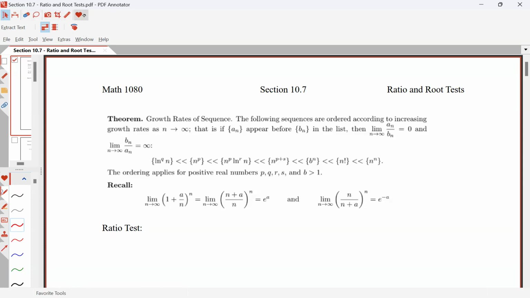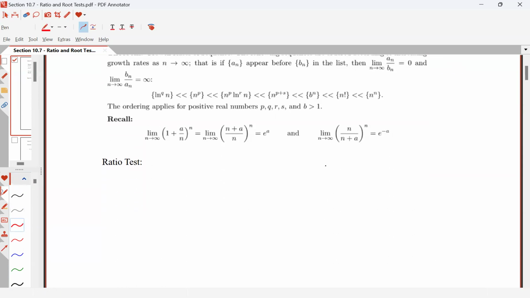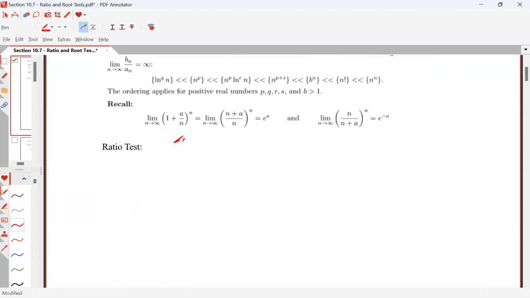So first, we're going to look at the ratio test. And the ratio test says that if we have some series of a sub n, the ratio test tells us to look at the ratio of the n+1 term over the n term of the sequence and look at that limit.